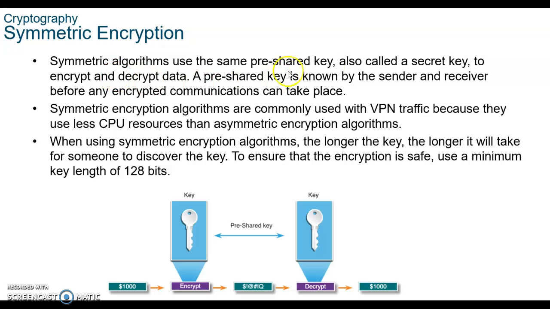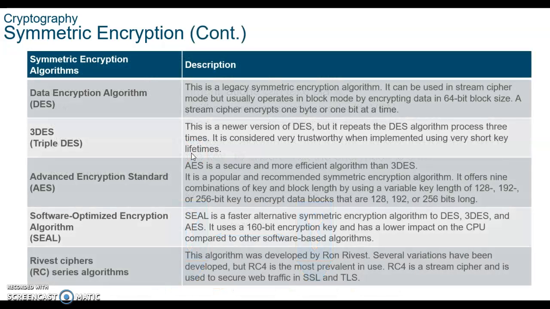So symmetric algorithms use the same pre-shared key for encryption and decryption. We've already stated that. It's less CPU intensive. And you want to use a minimum of 128 bits, but it can go as high as 256. Now with asymmetric, it starts at 512 and it can go up to 4096.